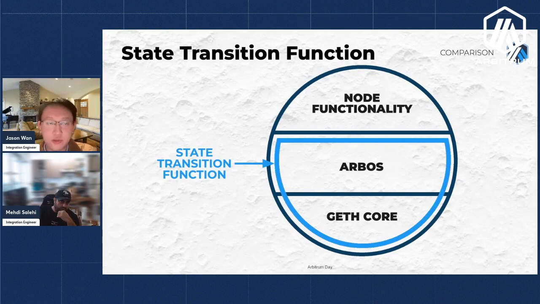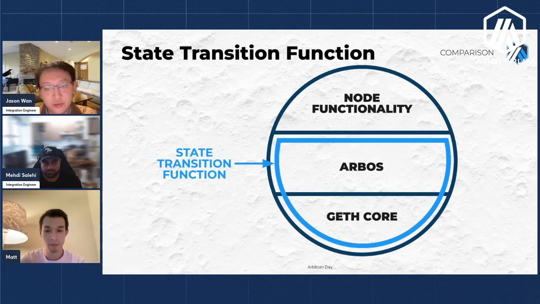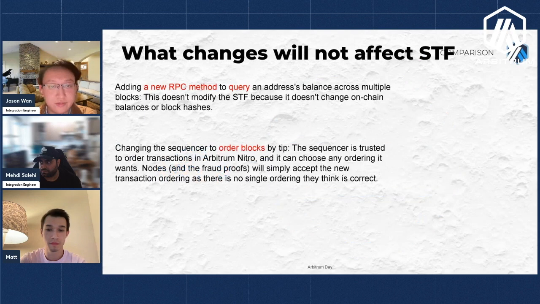If you want to make changes to those things, it won't break your STF because it isn't related to your state. But for other things, such as gas calculation, changes might affect your gas calculation. Then you need to make changes maybe in ArbOS, and also maybe in the gas query.